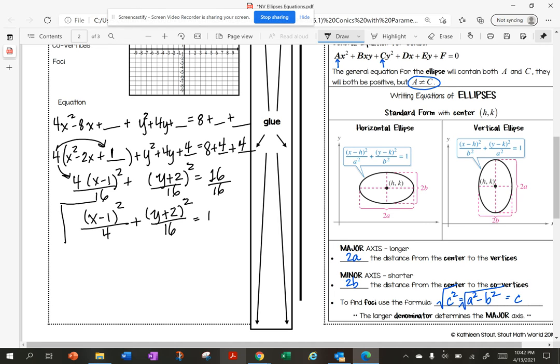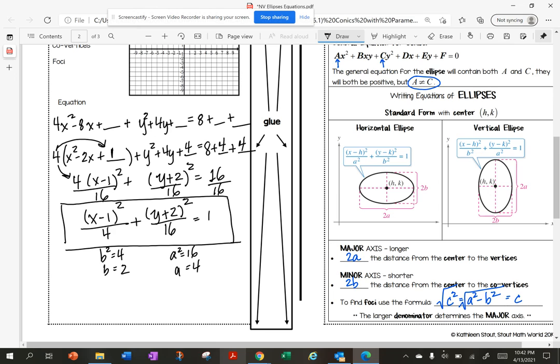So one of the things I'm looking for is the equation. So here's my equation. So a squared is 16. So I have a vertical ellipse, and b squared is 4. So a is 4 and b is 2.